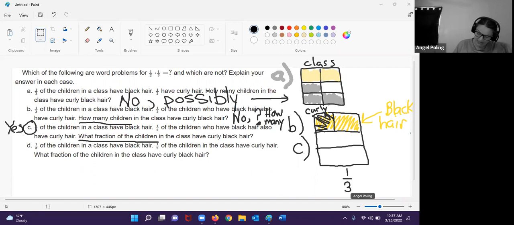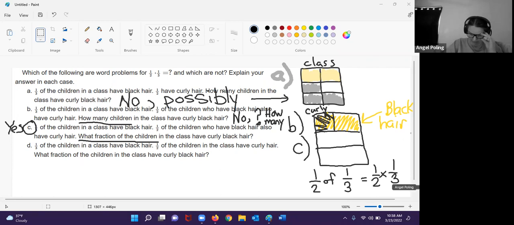And then we took 1/2 of 1/3, right? So we have shaded, double shaded here, 1/2 of our yellow block, which is 1/3 of the class, right? So this is a yes. This is 1/2 times 1/3.